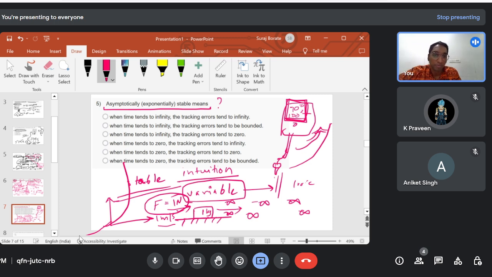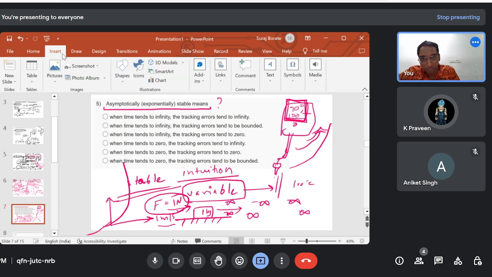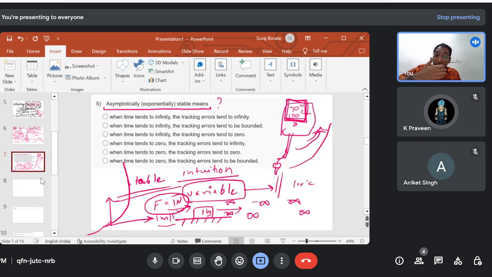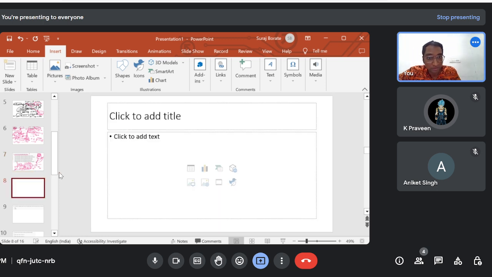So now that we know what stable means, let's understand what is asymptotically stable. We saw the example of unstable. Now let's see the example of a stable system. Let's say there is this pendulum and it is here.